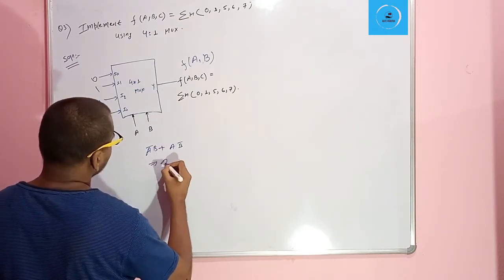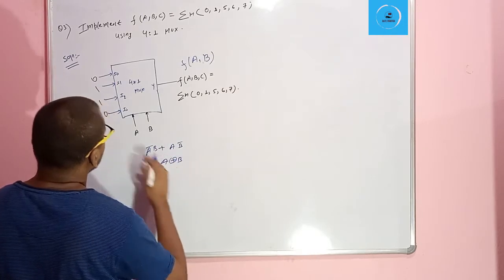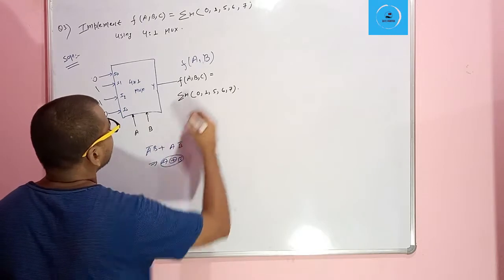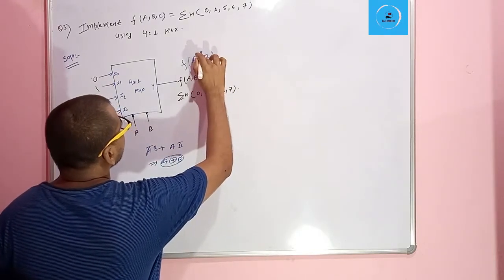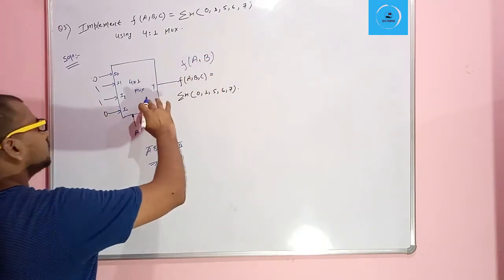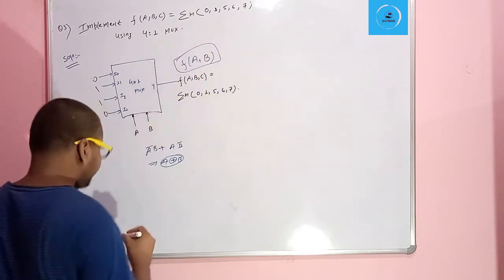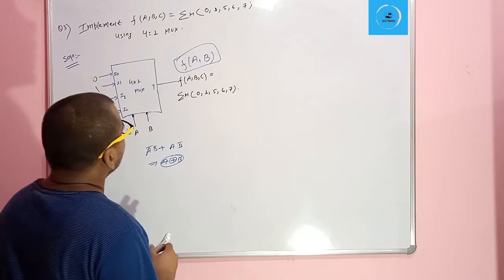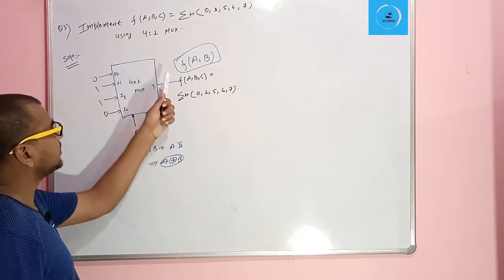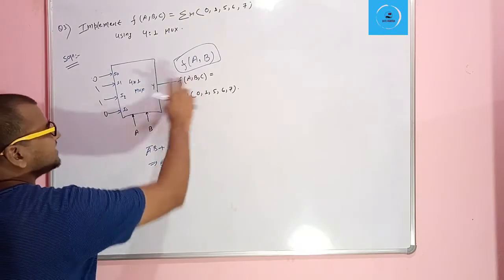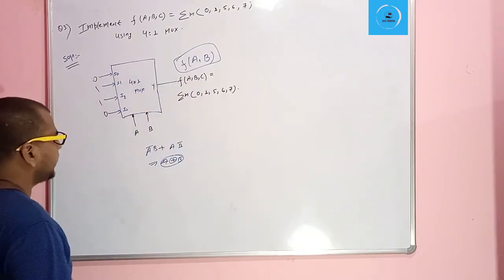Okay, this will be equal to a XOR b, meaning when we provide any number here, we are going to get the Boolean expression for the output, which will be a function of the two literals a and b. But in the question it's given that the output function has three literals, a, b and c.